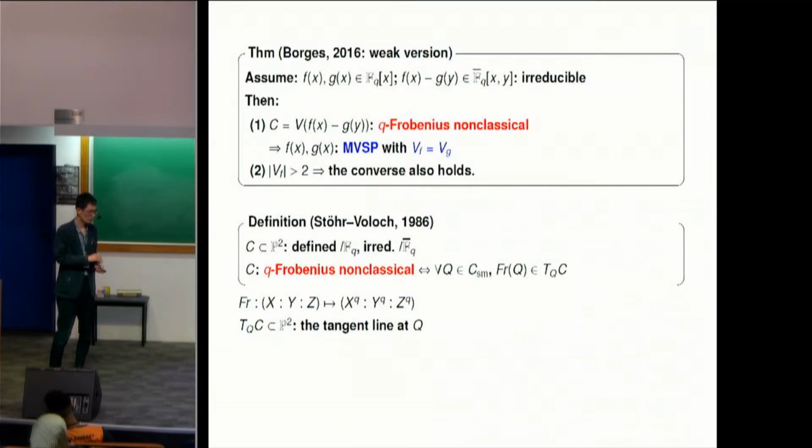This notion appeared in the study of Stöhr-Voloch. Fr is the Frobenius map, and TQC is the tangent line at Q.